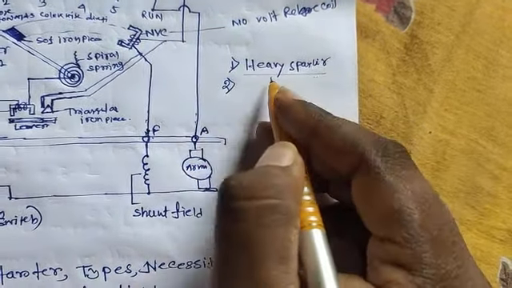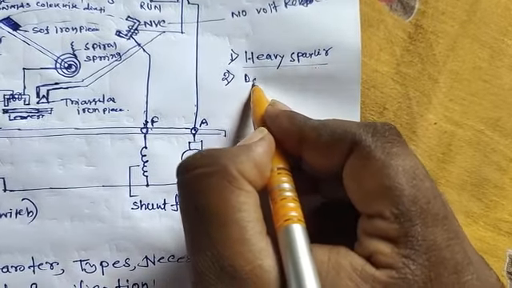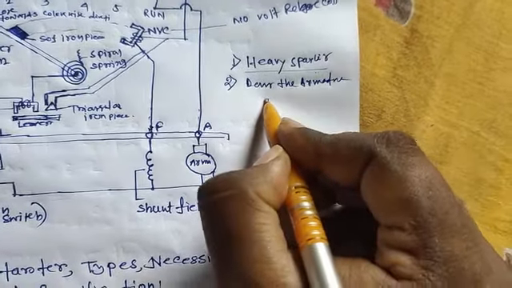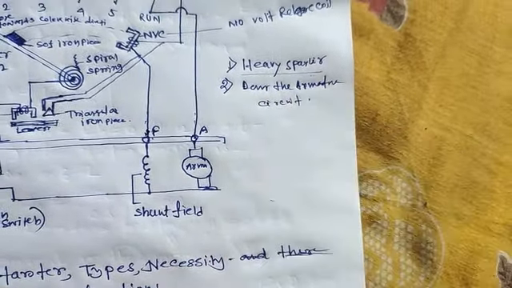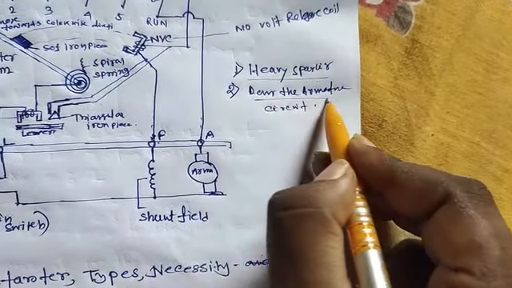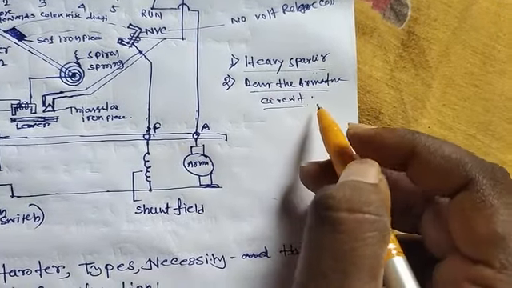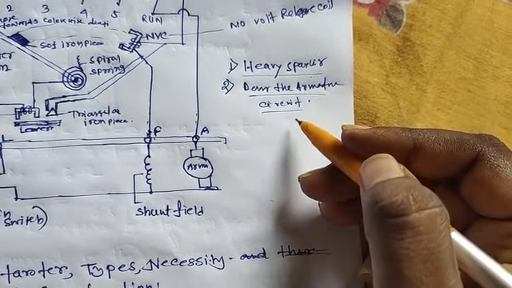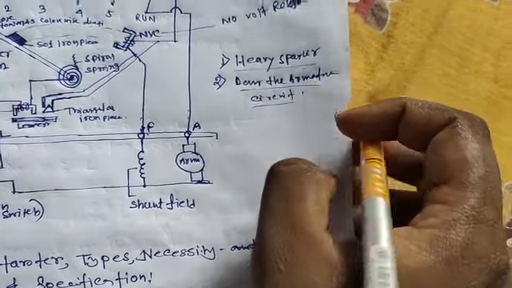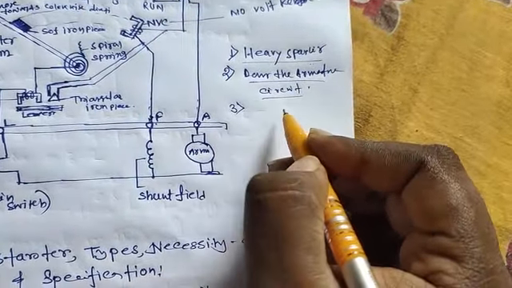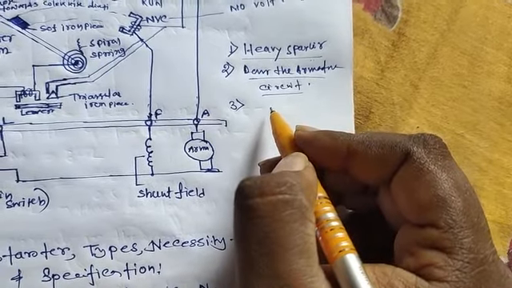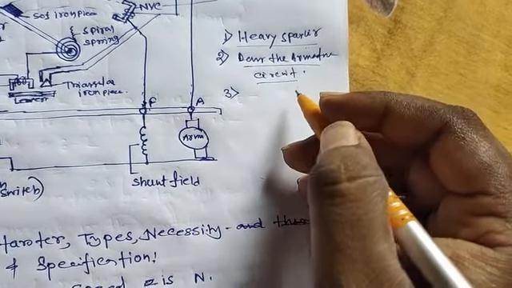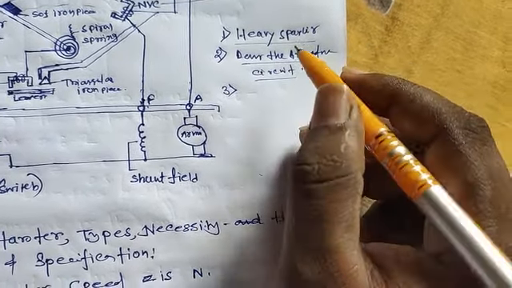Second is damage to the armature circuit. Why is the armature circuit damaged? Because the armature winding is also heated, since the armature current is 12.5 times more. Then the rotating part can also be damaged, and the motor can also be damaged. Fourth is a large dip in the supply voltage, because when the starting current is more, the dip in the supply voltage is large.